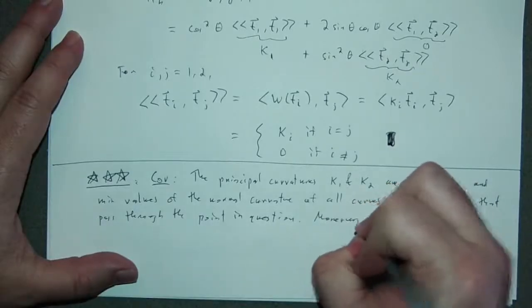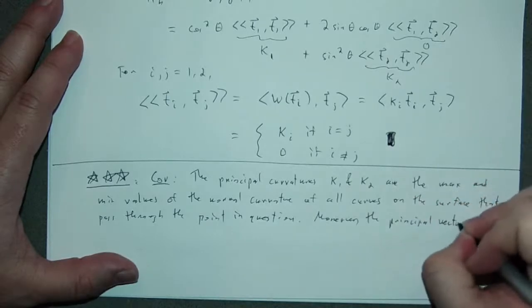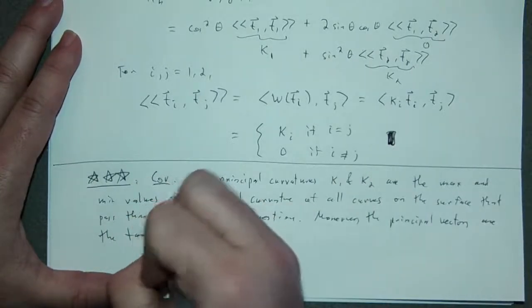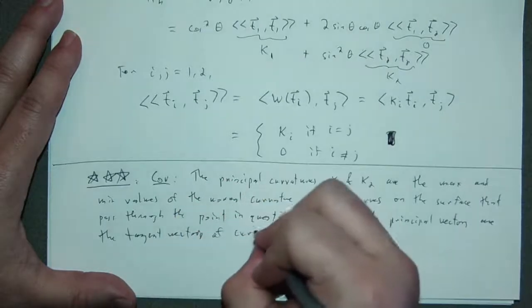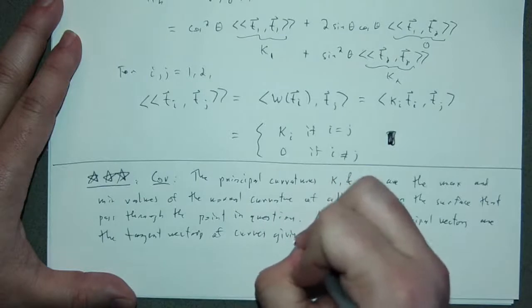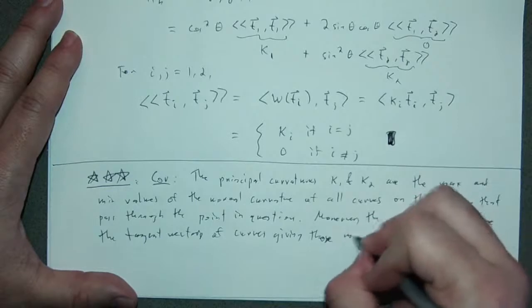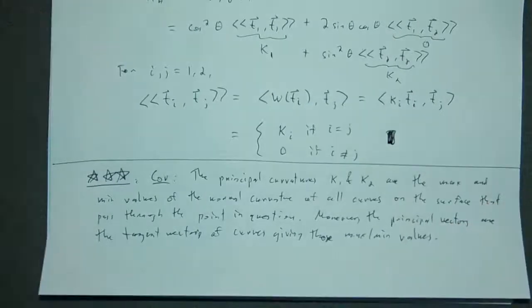So moreover, the principal vectors are the tangent vectors of curves giving those max and min values. So let's do a quick proof of this.